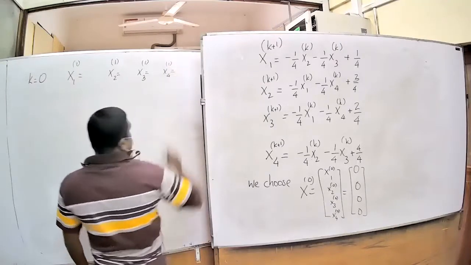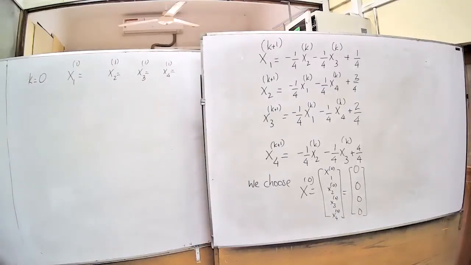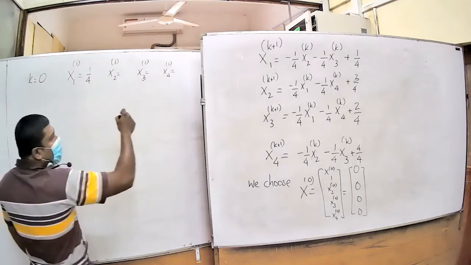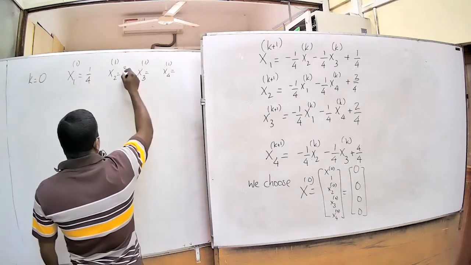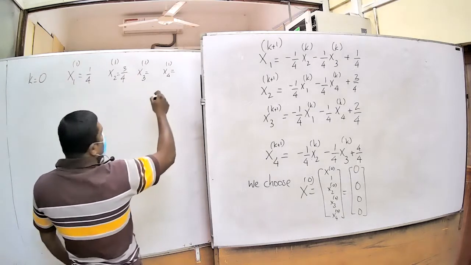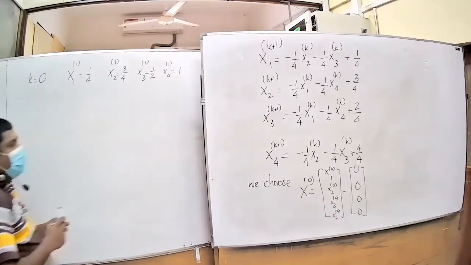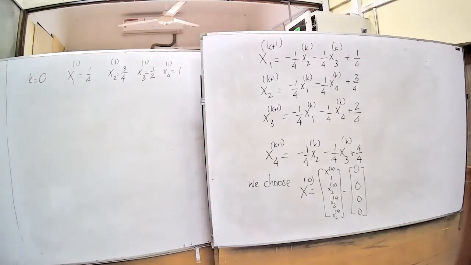You can easily find them. If you put 0 0 0 0 you get 1/4, that is 3/4, the other one is half or 2/4, the other one is 1. So the first set of answers are easy.